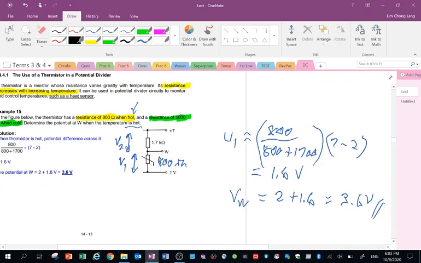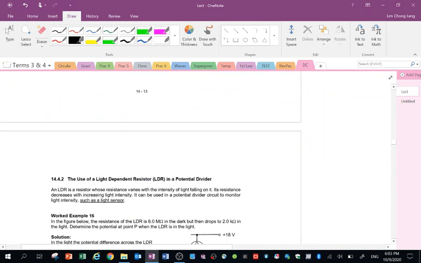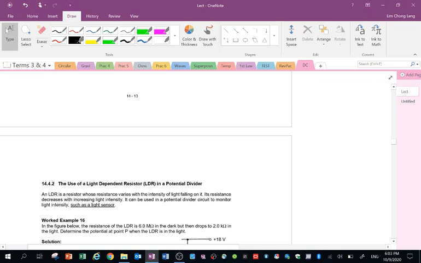So let's look at the use of a light-dependent resistor in a potential divider. So what is an LDR? LDR is a device, a resistor, whose resistance decreases with increasing light intensity. The higher the intensity, the lower the resistance, and vice versa.